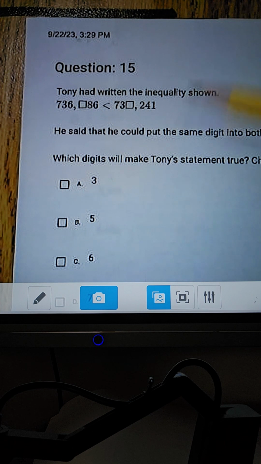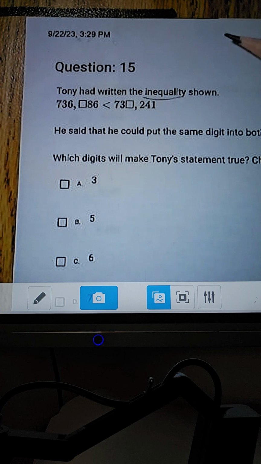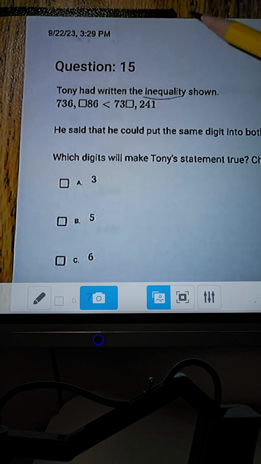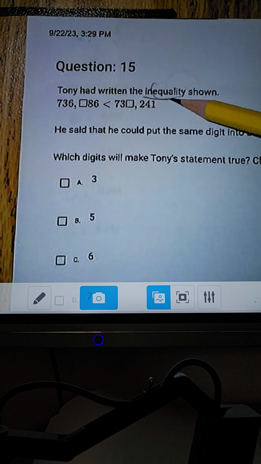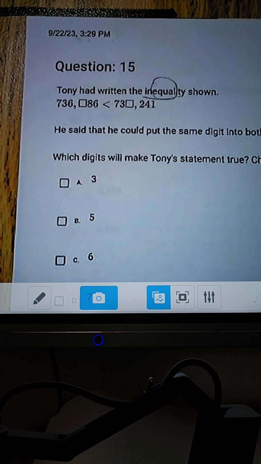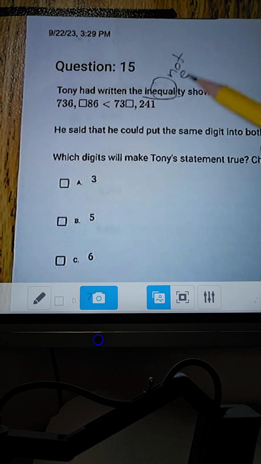Think about the word. What do you see in the word inequality? Equal. Not the same. Who said that? Troy. Good job. Inequality means not the same quality. Equal is the word that you should have seen in that word. Inequality means not equal.